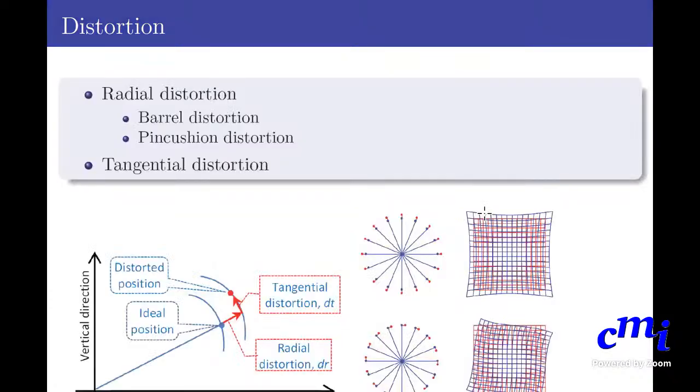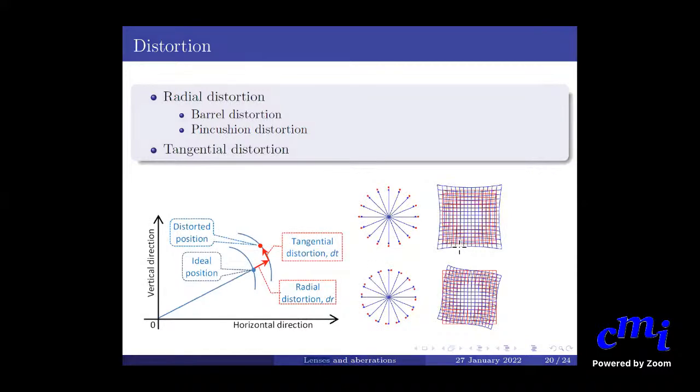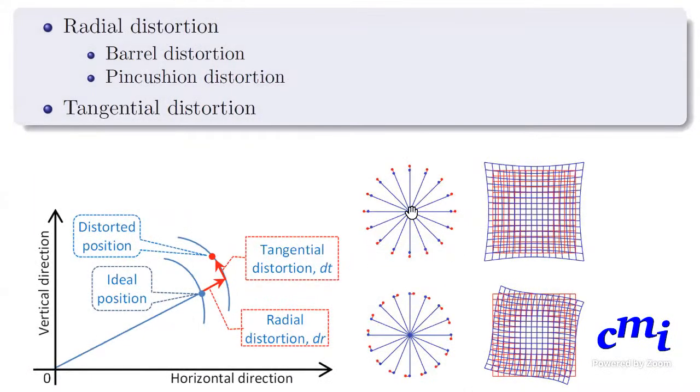And you can see the other type also. I'll have some more example images, but let's come back to this. So that is what a pincushion, or sorry, radial distortion means. On the other hand, a tangential distortion. Radial distortion occurs along the radius, along this ray from the origin to the expected ideal position.